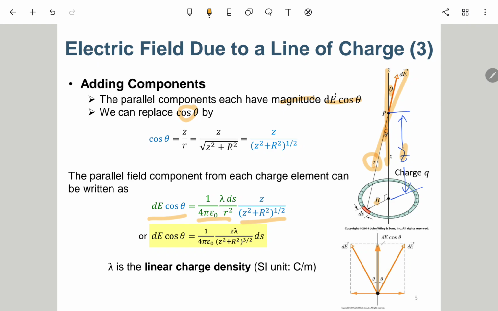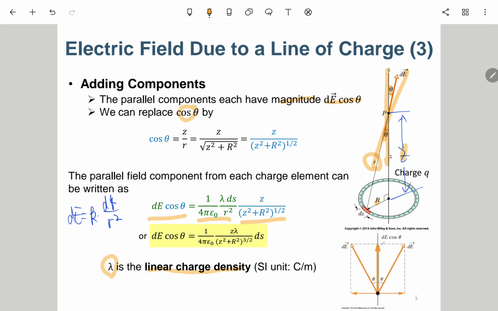Actually, for dE, you will consider dE to be k times dq over r squared, something like this. But here we don't know what dq is. So here we will also introduce another variable called the linear charge density, using the Greek letter lambda to represent it.